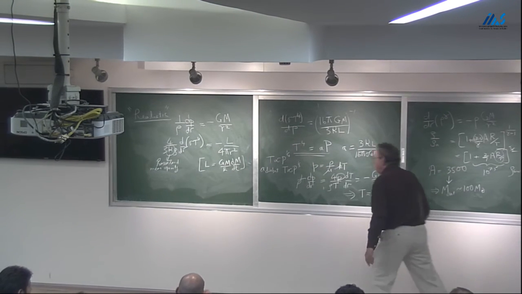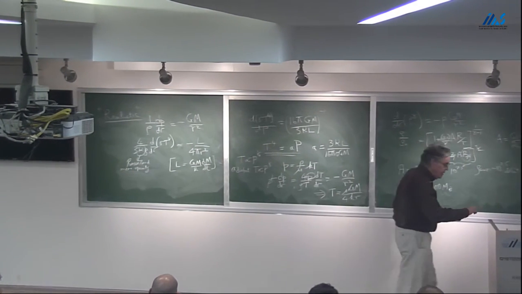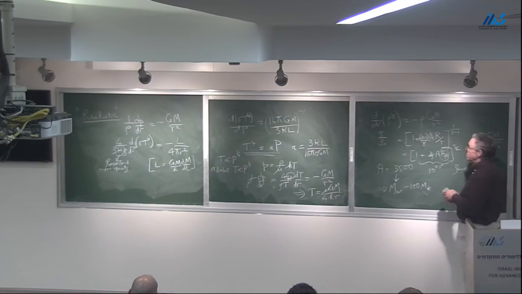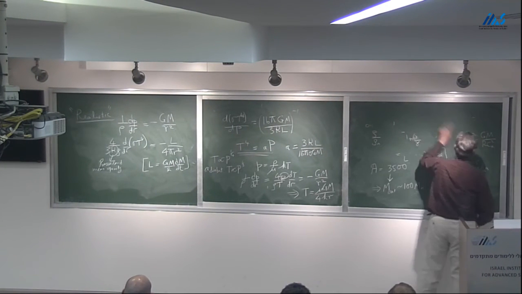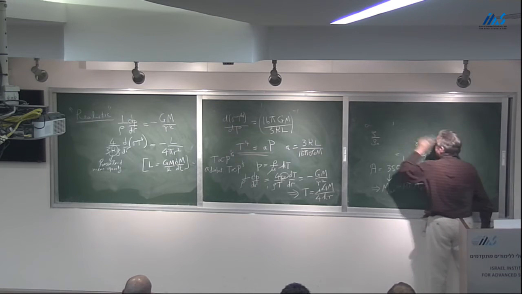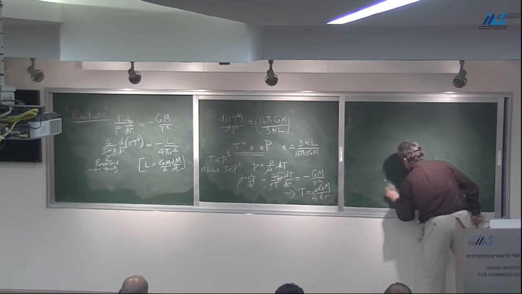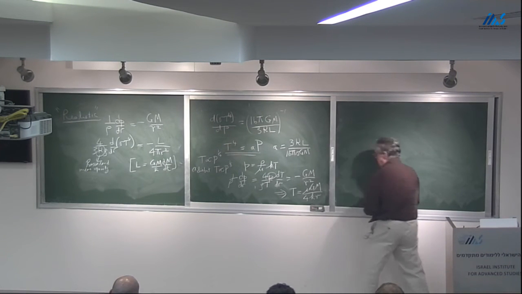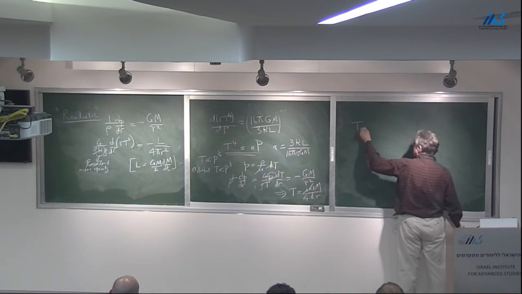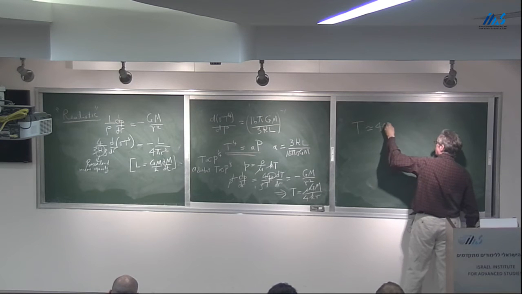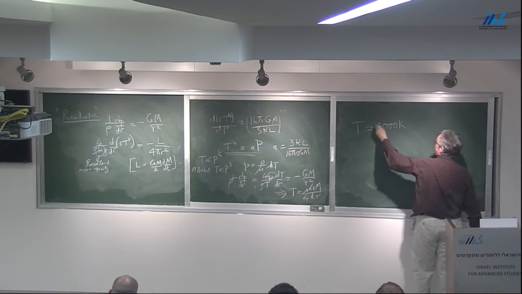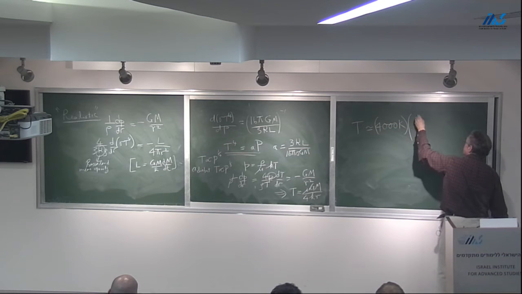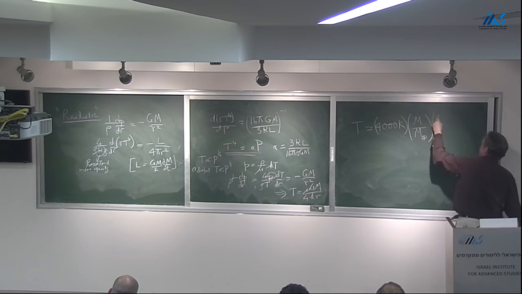Okay, now, this result, put numbers in. So this is so beautifully simple that the numbers are straightforward, and so here's the answer. T is about 4,000 Kelvin times mass in Earth units, and of course inversely as the radius in Earth units.